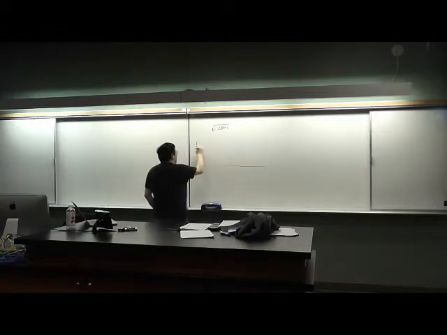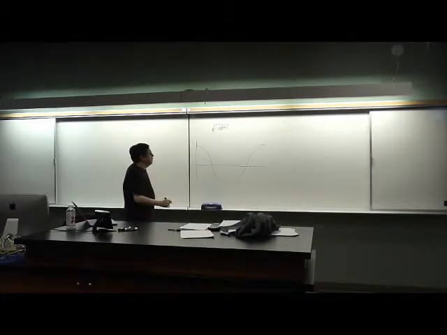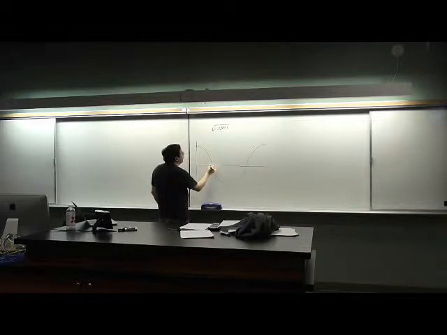I'm going to draw a graph of the cosine, and now a graph of the square root of that. Okay? So I have a point here, 1, and I have a point 0. But it's not the cosine, it's the square root, so it's going to be kind of a little smaller, right?